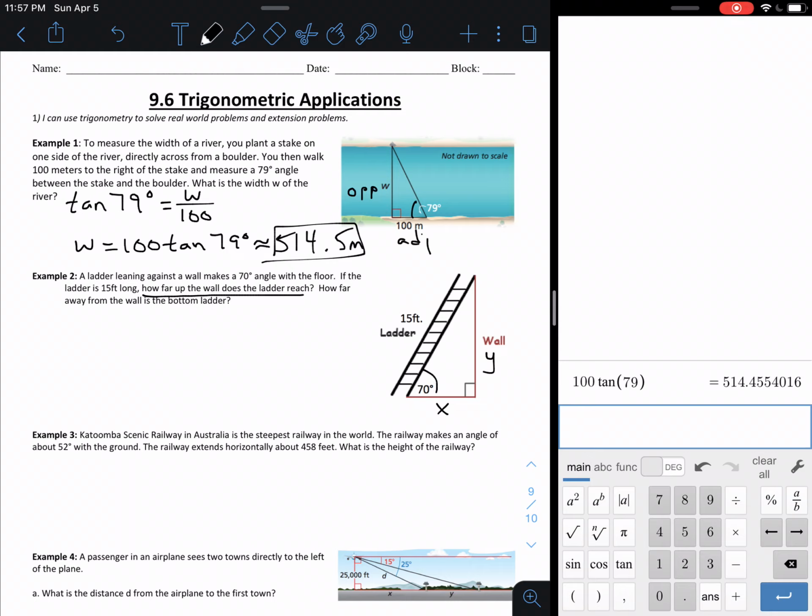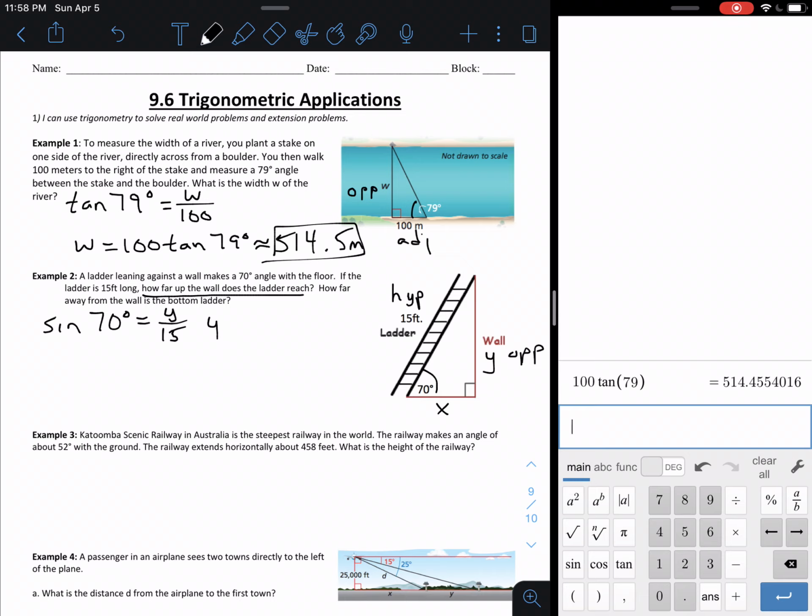So in this case, you've got 70 degrees. Y would be your opposite side. 15 feet would be your hypotenuse. So opposite and hypotenuse, we would be wanting to use sine. So the sine of 70 degrees is equal to opposite over hypotenuse, so Y over 15.